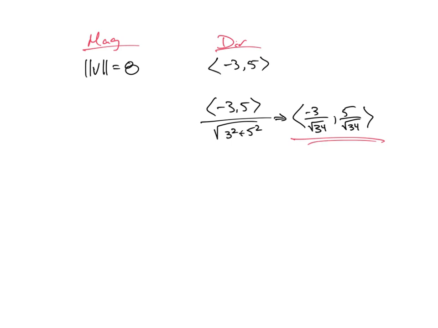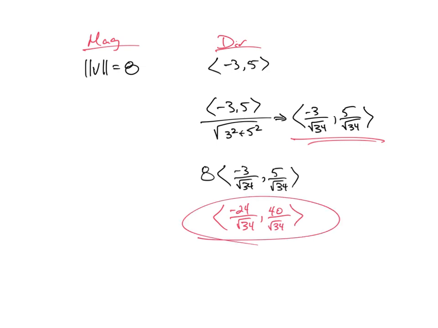And so it's really only going out a unit of 1, but I want it to go out a unit of 8. All right? And so all we have to do at the end is just multiply it on. So now we have 8 times (-3 over square root 34, 5 over square root 34). So we end up with 8 times -3 is -24 over square root 34, comma 40 over square root 34.